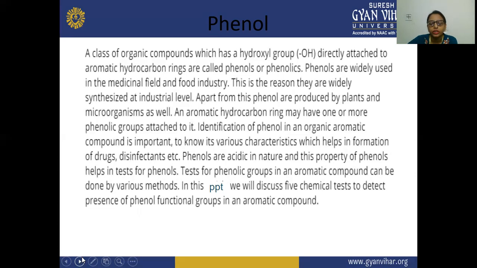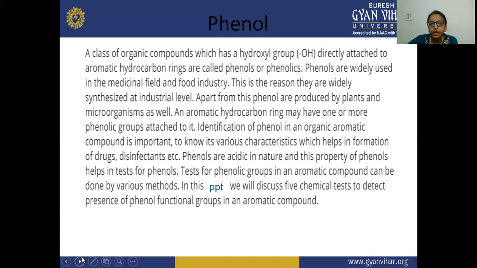It is a class of organic compounds which has a hydroxyl group, that is OH, directly attached to an aromatic hydrocarbon ring, called phenol or phenolics. When the hydroxyl group is attached to an aliphatic chain, it is an alcohol in that case.